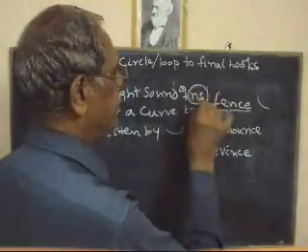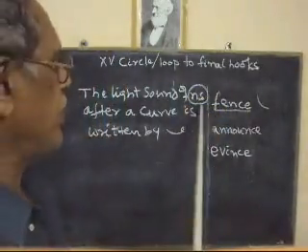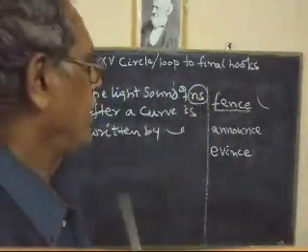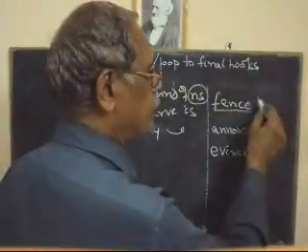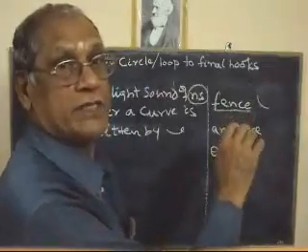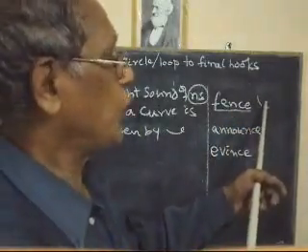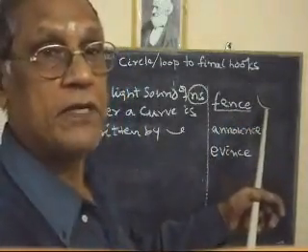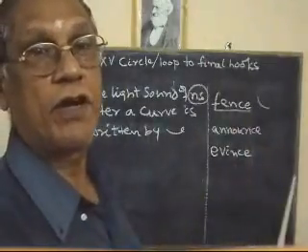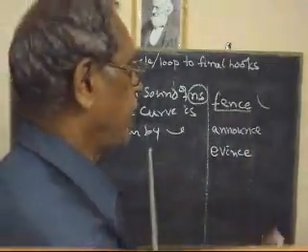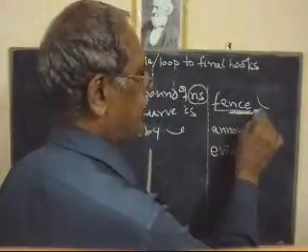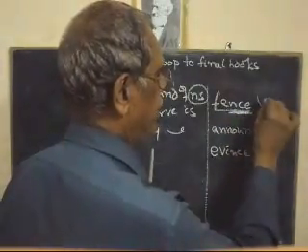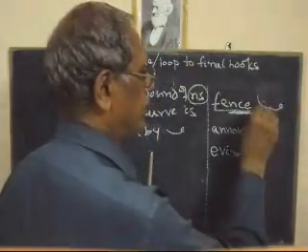The light sound of NS after a curve. Fence. Don't write the hook and circle. If you write the hook and circle, it will become NZ, the heavy sound of NZ comes. Therefore, the light sound of NS is represented by the stroke N and circle.